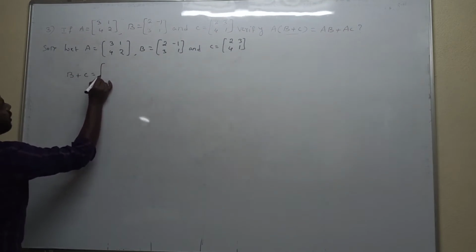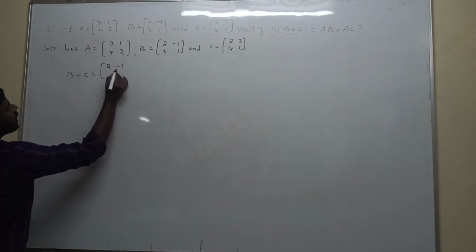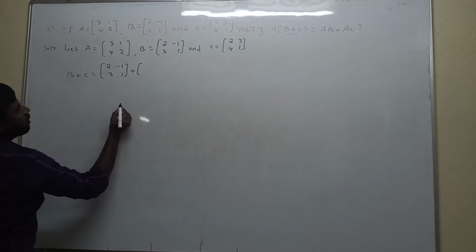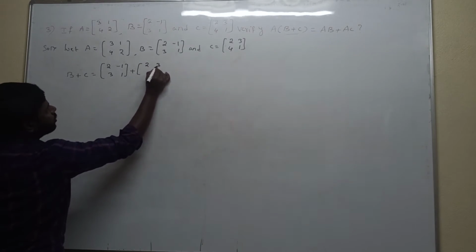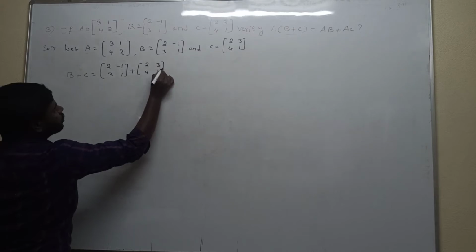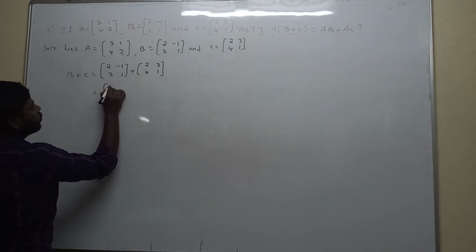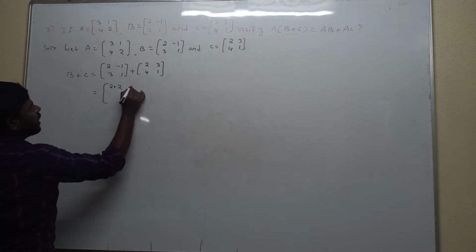Now substitute the B matrix, 2 minus 1 3 1, plus the C matrix, 2 3 4 1. Now we add the corresponding elements: 2 plus 2, minus 1 plus 3.